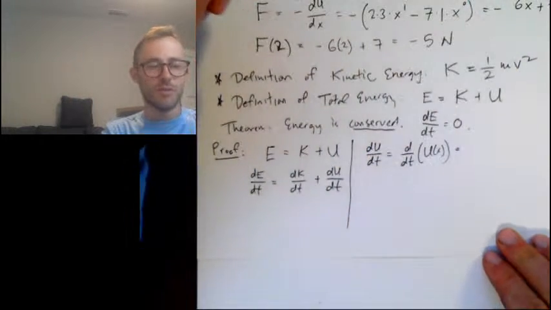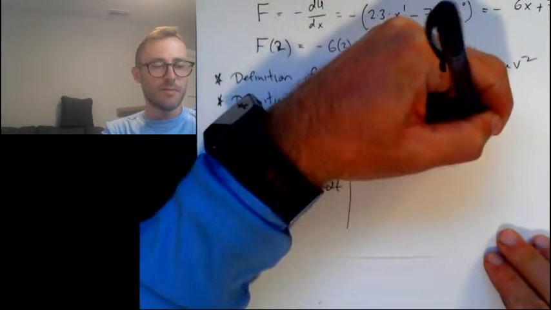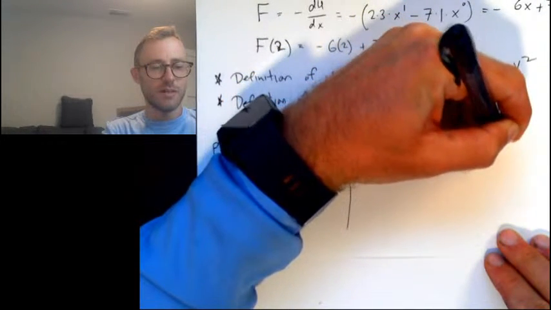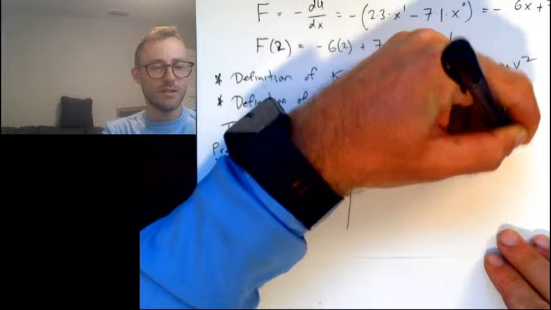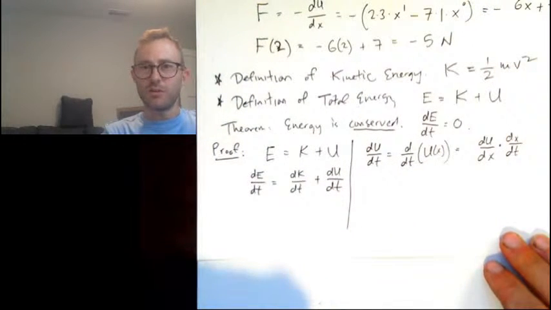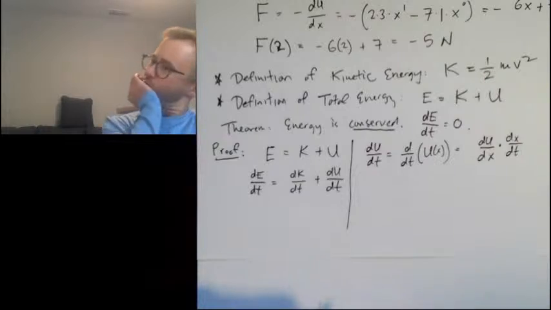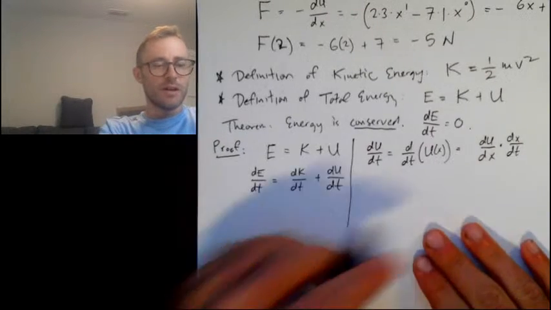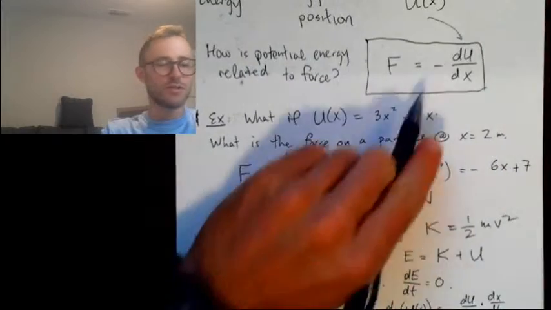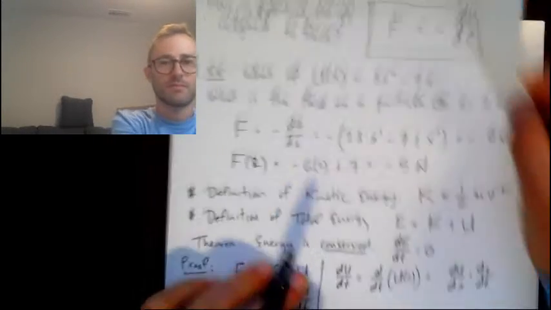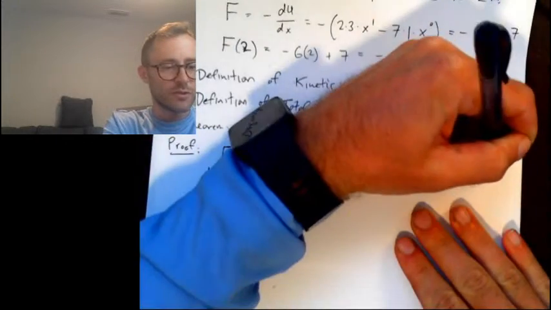So this is going to be dU/dx times dx/dt. So that is the chain rule, okay? Now, dU/dx, according to the definition of potential energy, is negative the force. So we have minus the force.